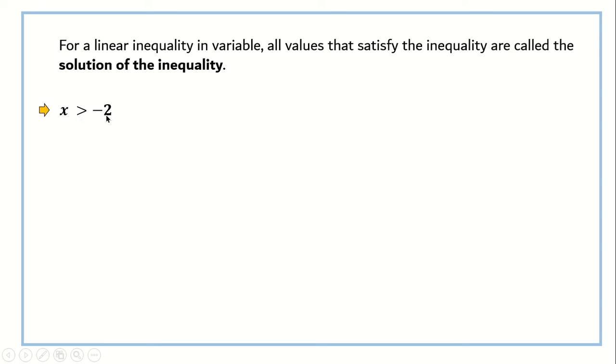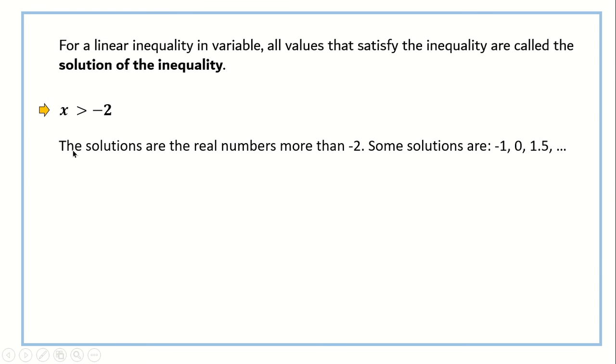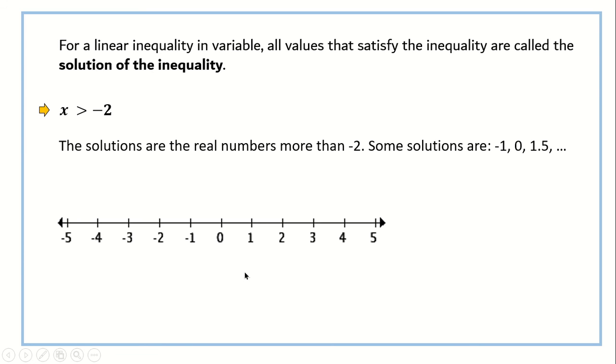So what are the solutions of this inequality? Now, the solutions are the real numbers more than negative 2. Some solutions are negative 1, 0, 1.5, and many others. Because these solutions are so many, we cannot write and finish them. That's why we use a number line.